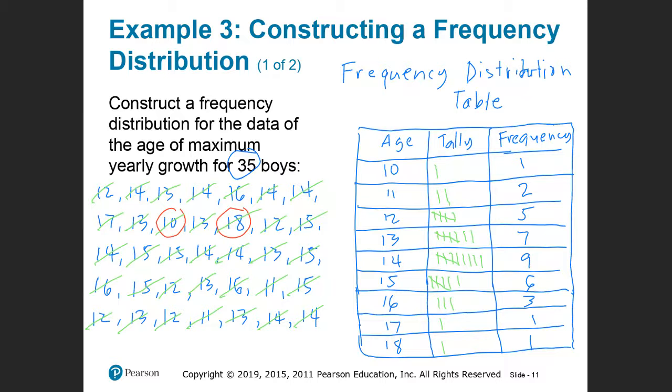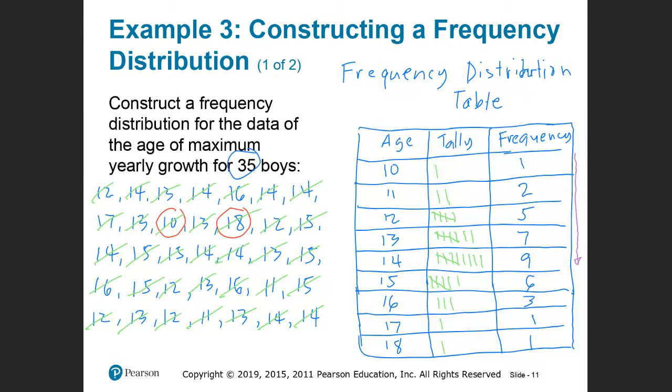So observe that the number is increasing here up to the age of 14. Okay, so you can see that the maximum yearly growth for 35 boys is at the age of 14.